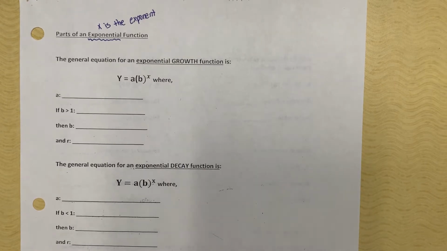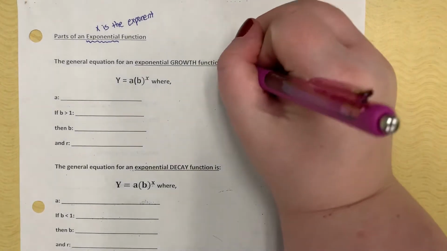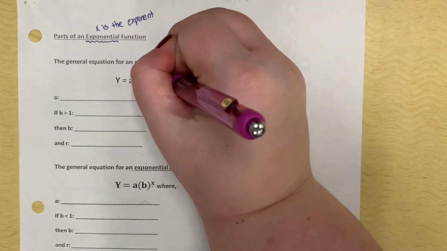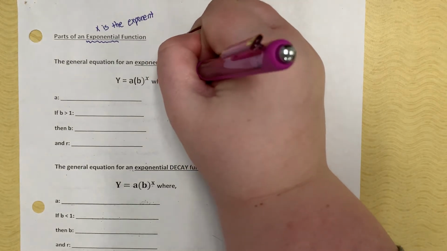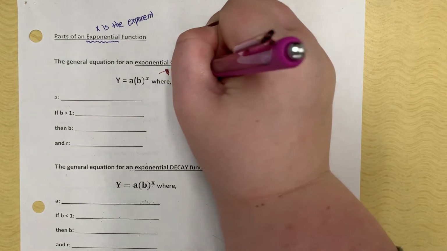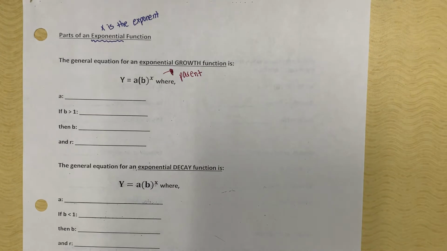Notice that the general equation, or the parent equation of exponential growth, is y equals a times b to the x. All exponential functions have this parent function. Depending upon what a and b are as their values will determine whether we're growing or decaying. All right, a, right here, our first a.